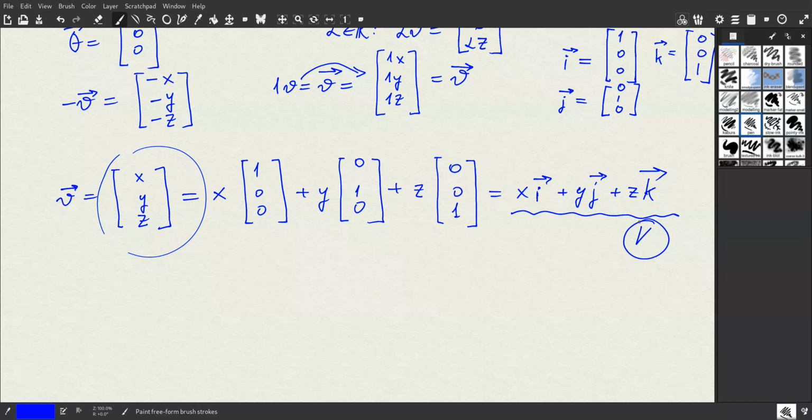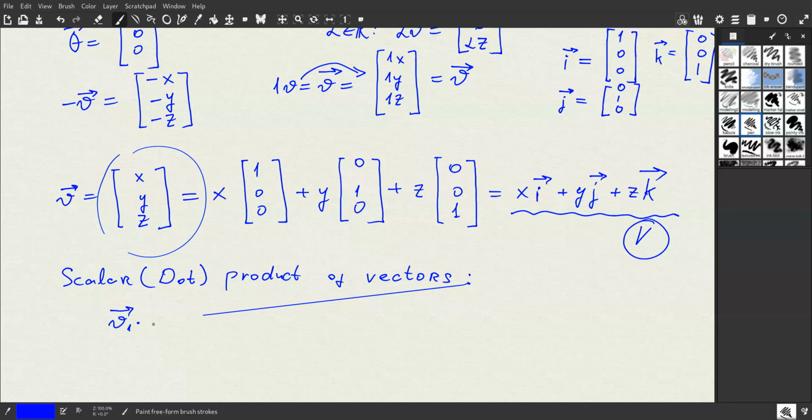We still have more than 10 minutes left, and therefore, for now, we can introduce a very important concept, which is a scalar or dot product of vectors. From your school geometry, you remember that this dot product of v1 times v2 is defined as a scalar.